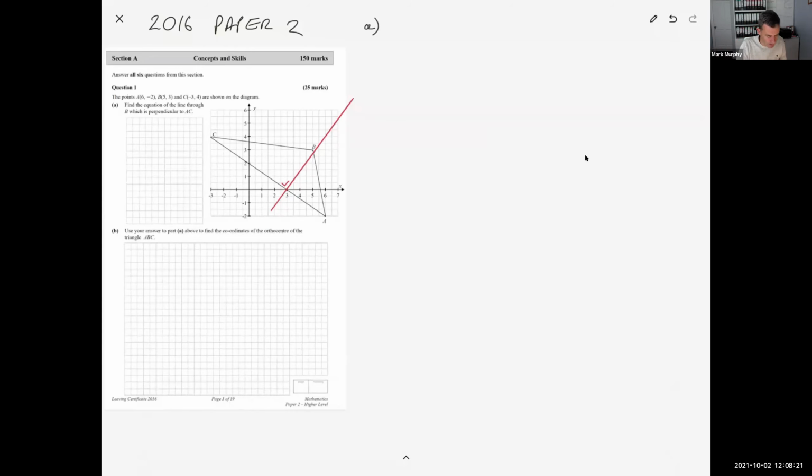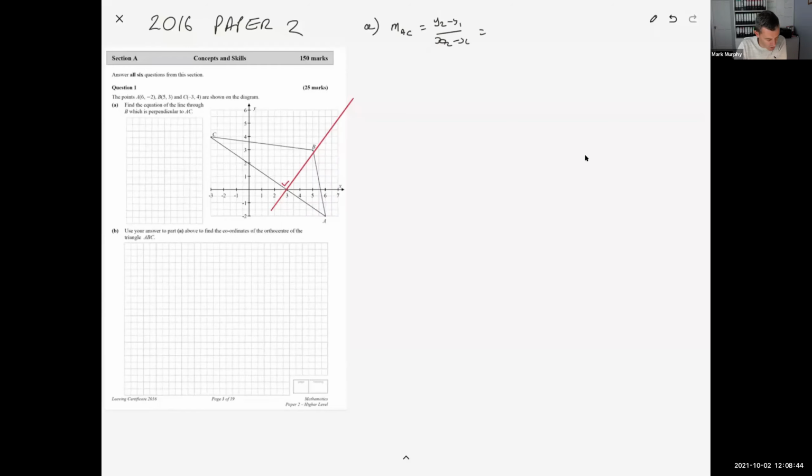Well, we're trying to find the equation of the line, whatever we're calling it, doesn't matter. So we need to find out the slope of AC, because the slope of our red line there is perpendicular to it. So the slope of AC is y2 minus y1 over x2 minus x1.